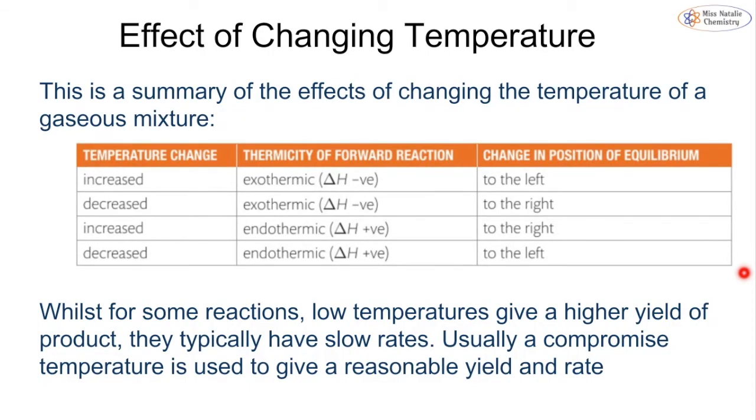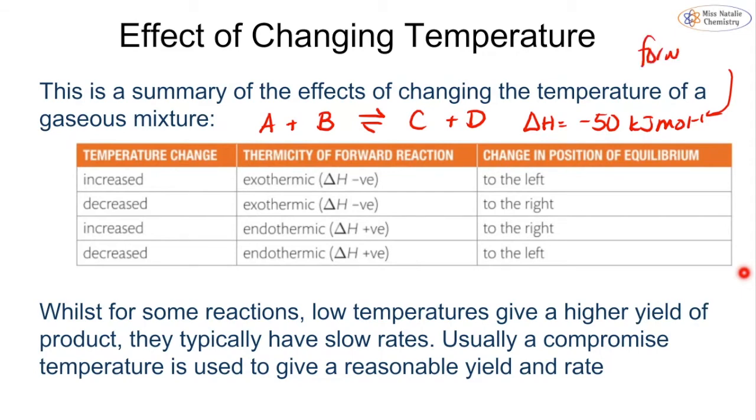What you may find is you're given something like A plus B gives you C plus D, and you may be given a delta H value of, let's say, minus 50 kilojoules per mole. That minus 50 is always for the forward reaction. And if the forward reaction is exothermic, the reverse reaction is endothermic, and that is always the case.